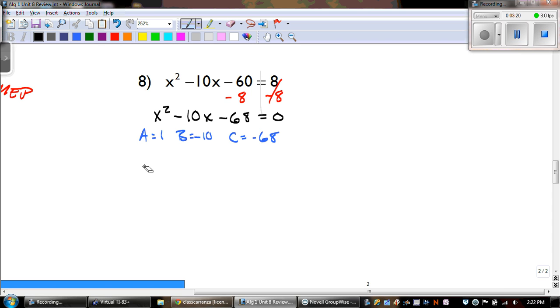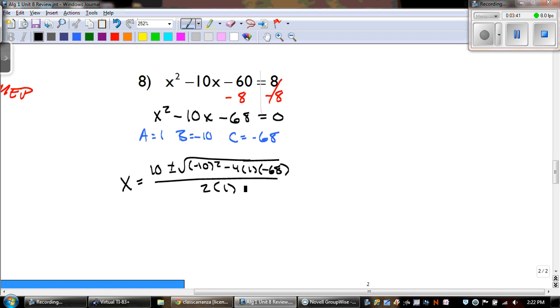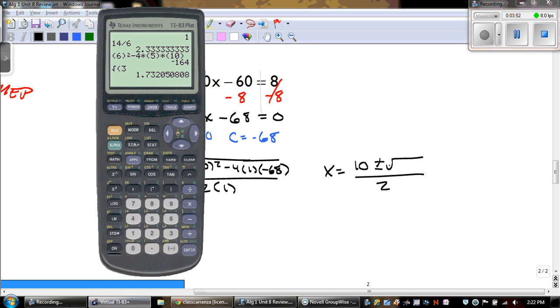So quadratic formula, x equals the opposite of b plus or minus the square root of b squared minus 4 times a times c, all divided by 2a. So we have 10 plus or minus, 2 on the bottom, and we're just going to do the discriminant, that bottom part.